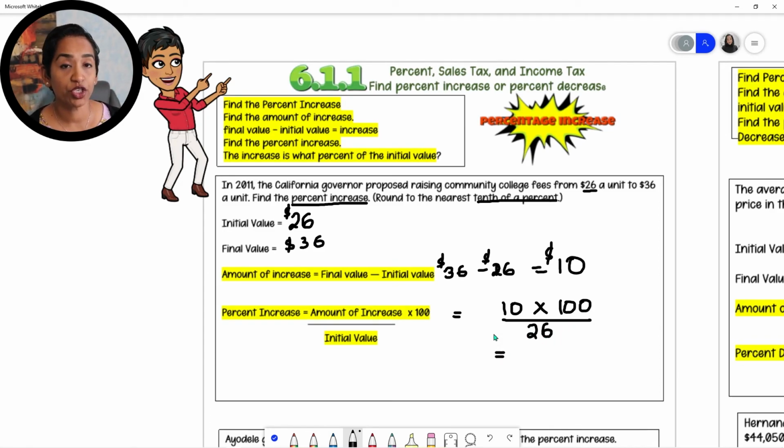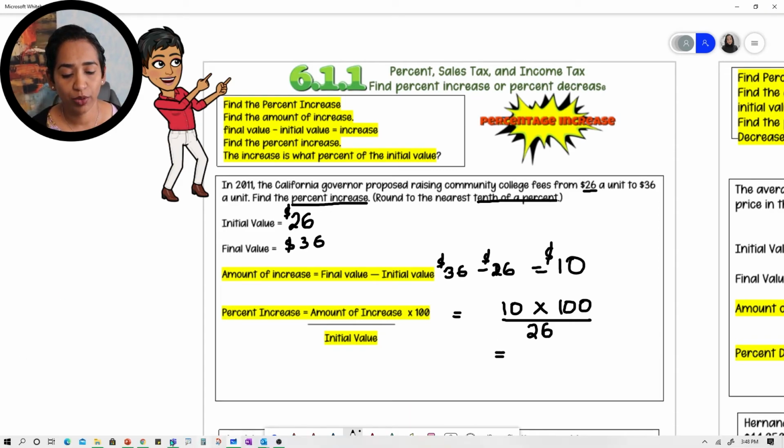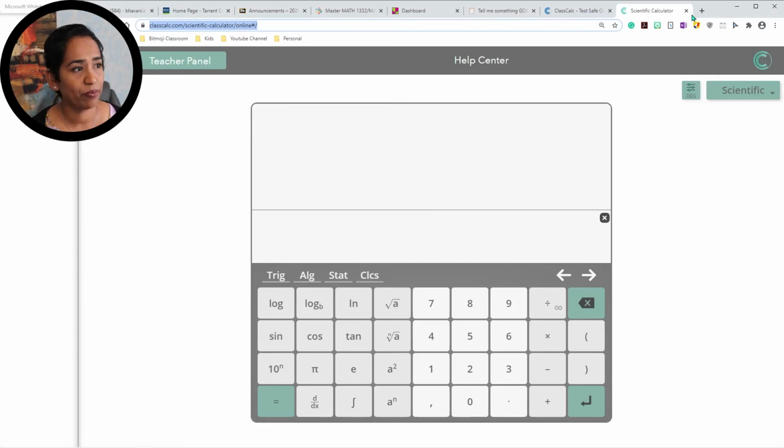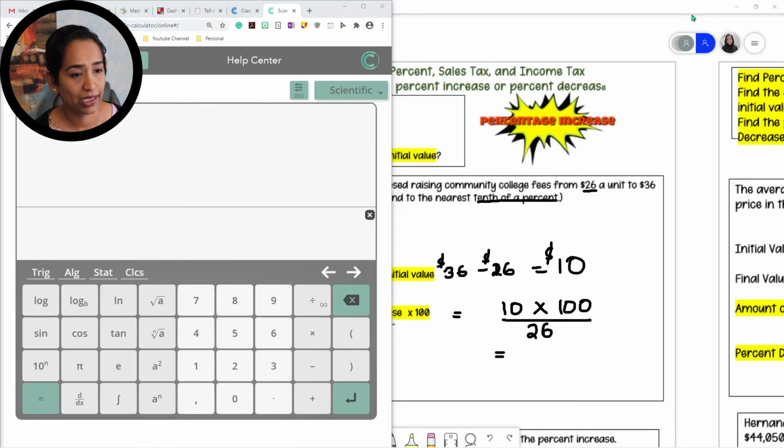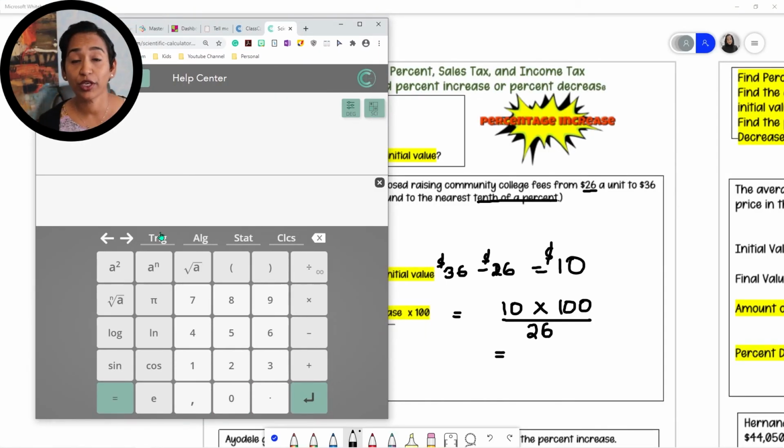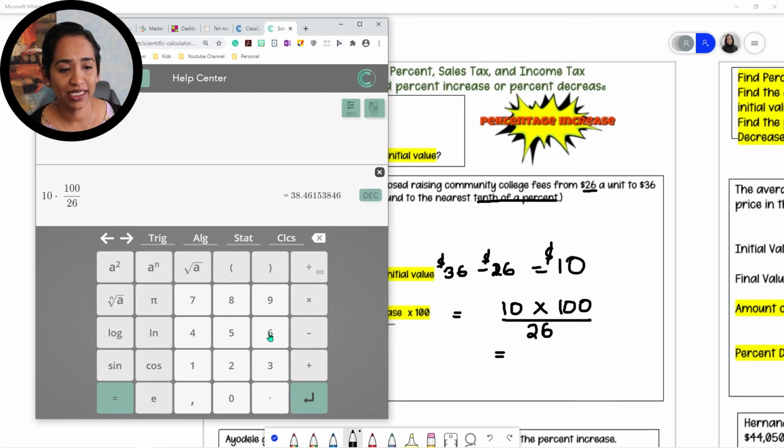So I'm going to show you how to plug this into your class calc. Here I have my class calc. I'm simply going to plug this in: 10 times 100, divided by 26, and I end up with 38.46.